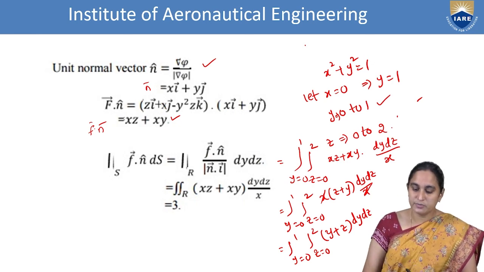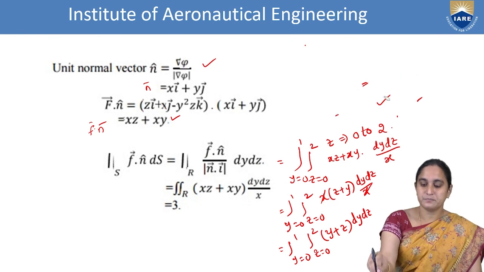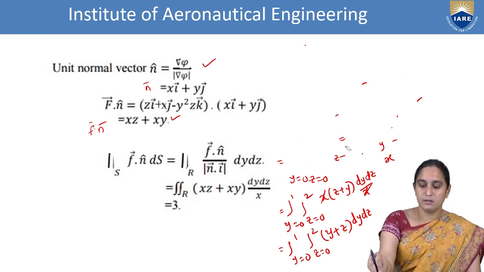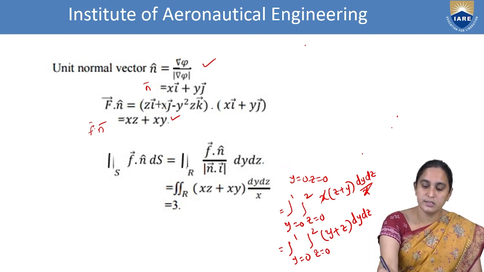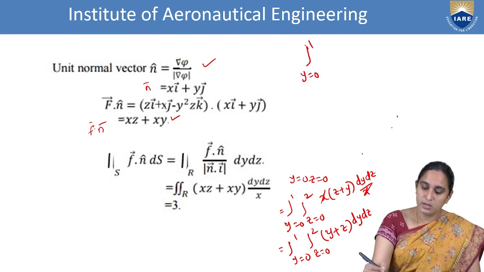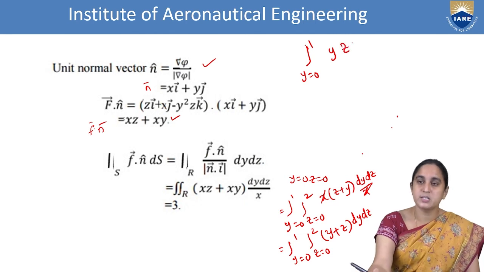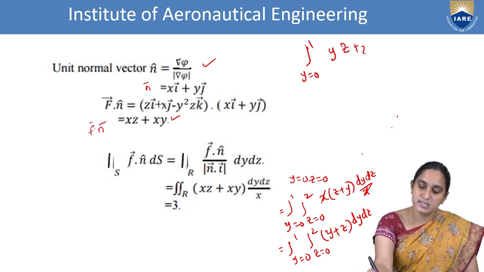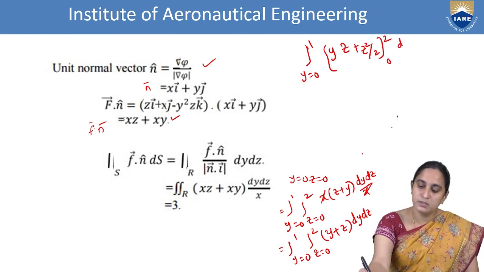Now I'll integrate first with respect to z. With respect to z, y is constant, so the integral of y dz with y from 0 to 1 is y z, plus z square by 2, with z limit points 0 to 2, into dy.